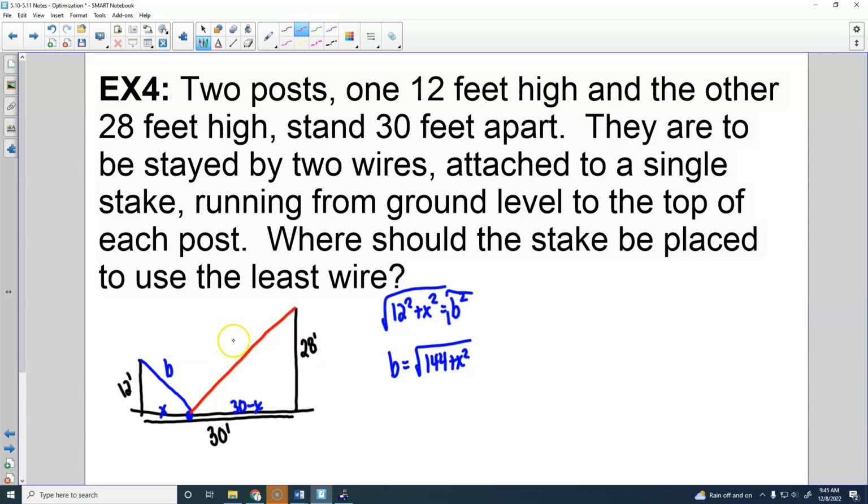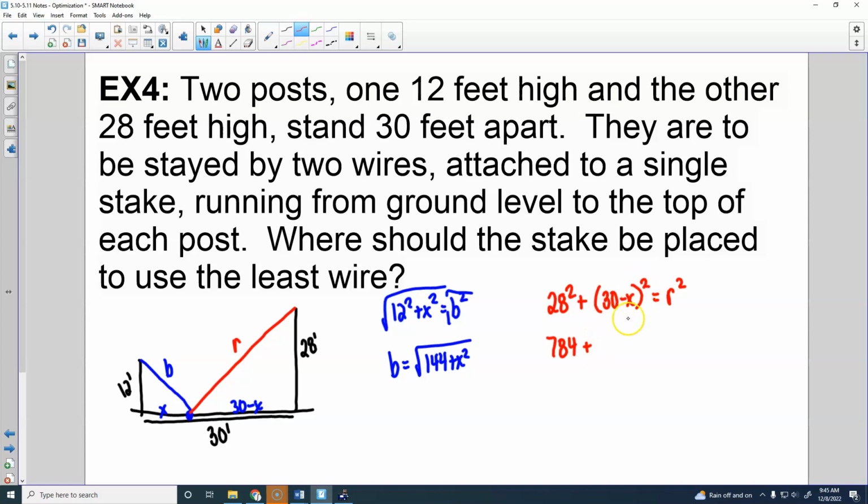For my red wire, I'm going to call it R for right now, we would do 28 squared plus, right here I got to do 30 minus x squared, would equal the red wire squared. So 28 squared is going to be 784.